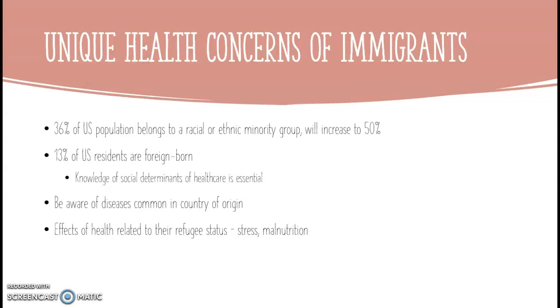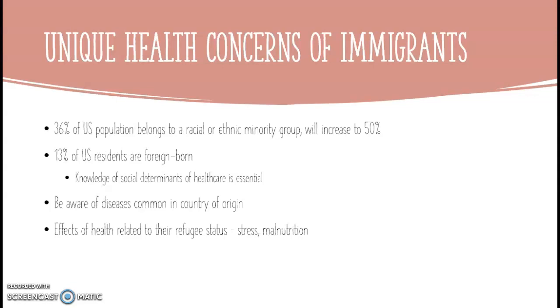For example, I had a patient who was born and raised in India, and he had an enlarged thyroid. And I had a student, and they said, I don't know why his thyroid is enlarged. There must be something wrong with him. Well, they have a deficiency of iodine in India, and it's known to cause enlarged thyroids.